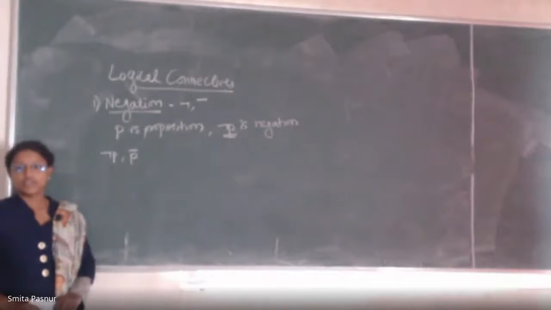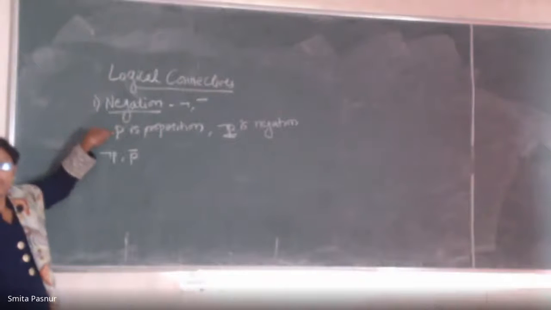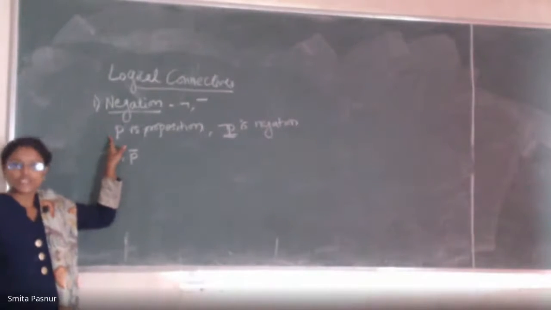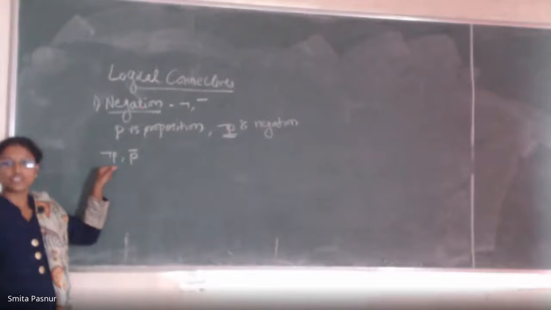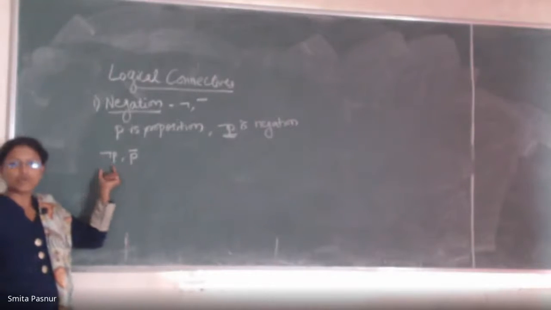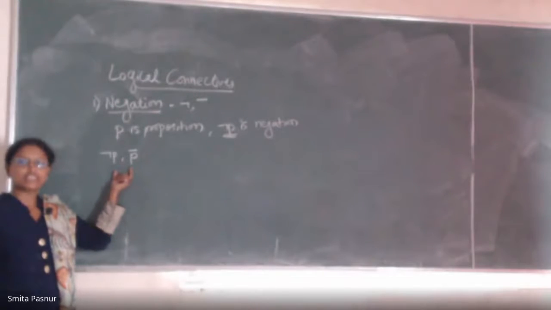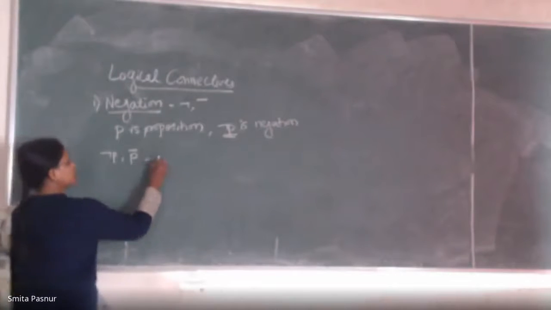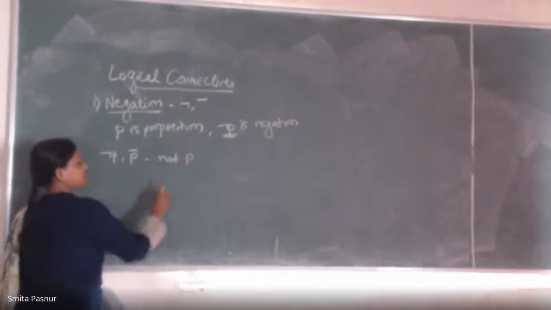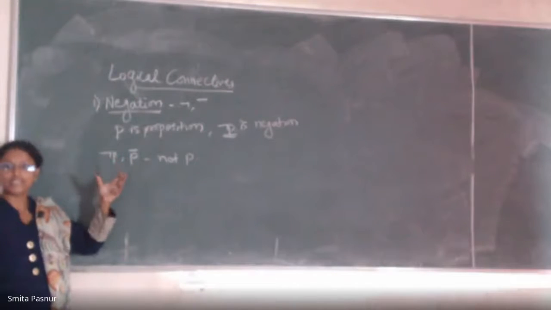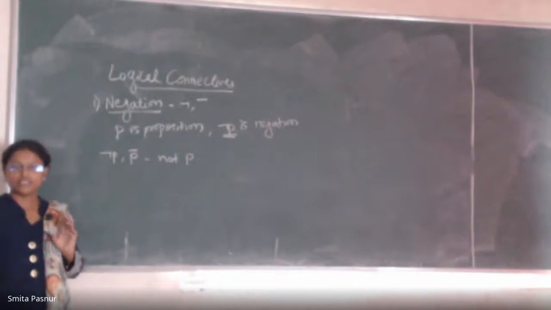Suppose P is the proposition, then I can convert this P to negation. When converting it to negation, you can show it with either this symbol or this symbol. Both are the same. So you can say this is negation P, or you can say not P. Did you get it, everyone?